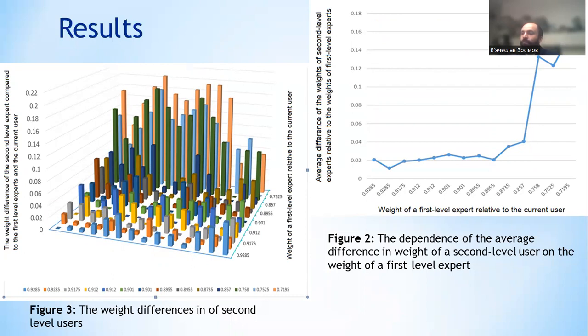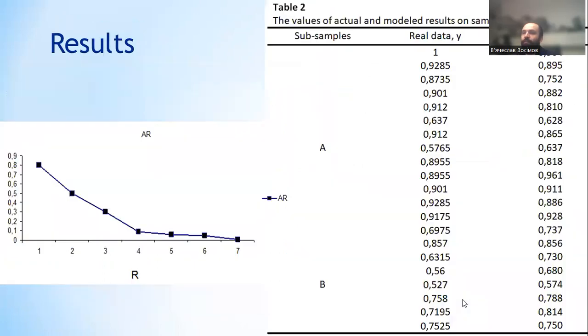Figures 2 and 3 show the model of the differences in weight of second-level experts and their weight relative to the current user. The input data consisted of social profiles of users U0 to U60, who participated in previous experiments.